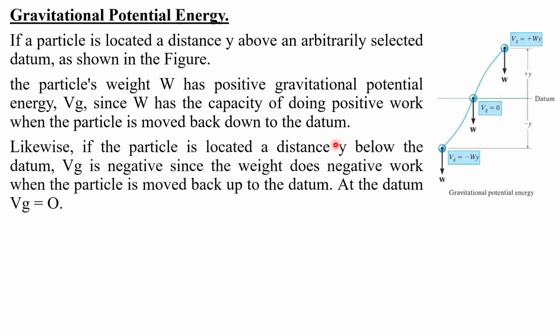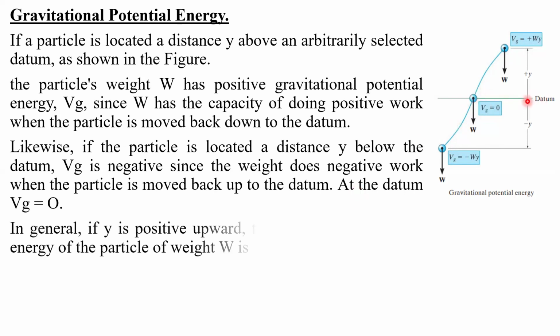And likewise, if the particle is located below the datum line, Vg is negative since the weight does negative work when the particle is moved back up to the datum line. At that datum, Vg is 0. This is the datum.